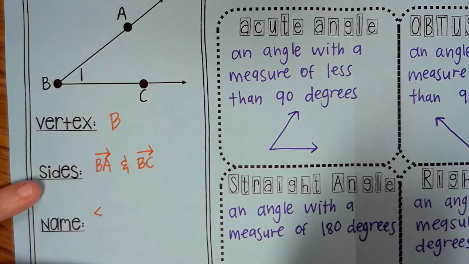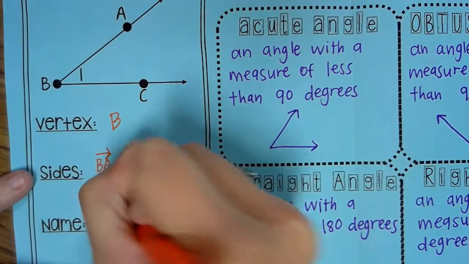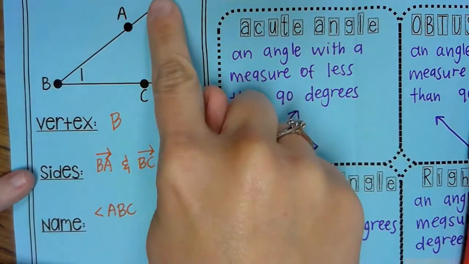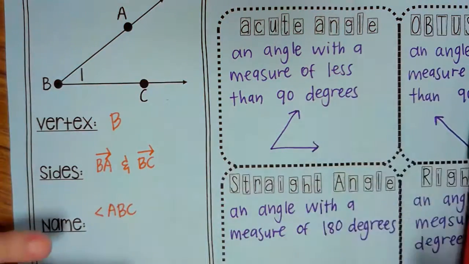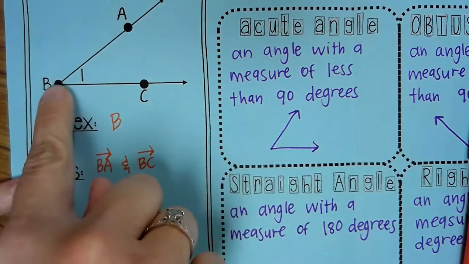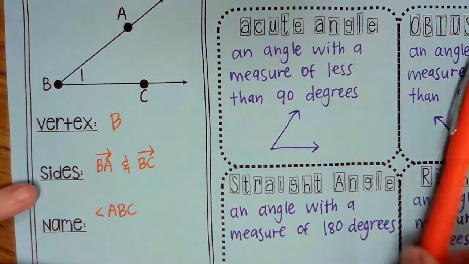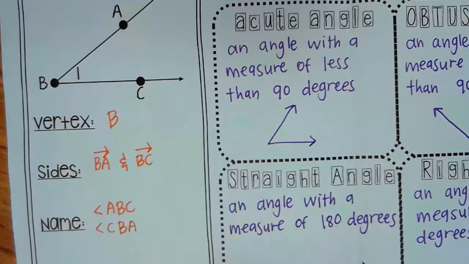Kind of cute. Should remind you of the less than symbol. I could name it angle ABC. Again, I can trace that with my finger. ABC. So I know I'm right. That means your other option to name this angle would be CBA. So I can also name it angle CBA.